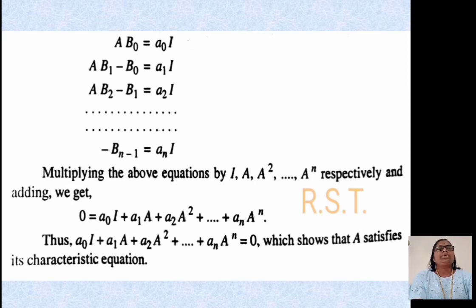Hence, from the equation a0 I + a1 A + a2 A square + ... + an A raised to n equal to 0, we get that every square matrix satisfies its characteristic equation. Thus, the theorem is proved, which is known as Cayley-Hamilton theorem.